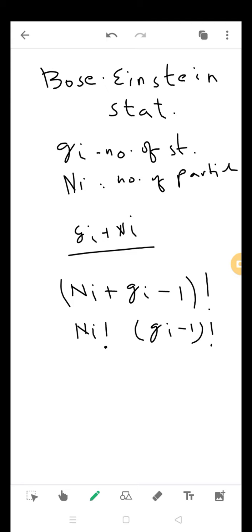If we take a ratio of these two, what we obtain is the thermodynamic probability.